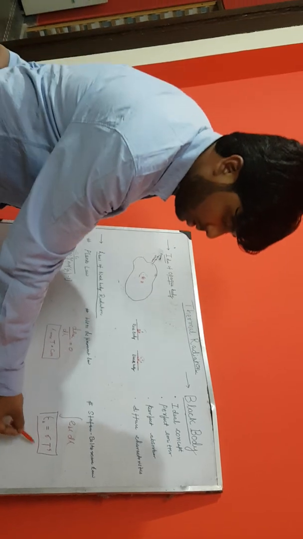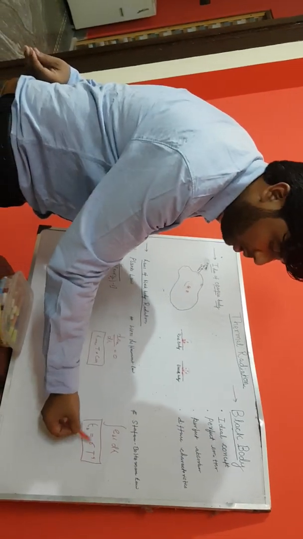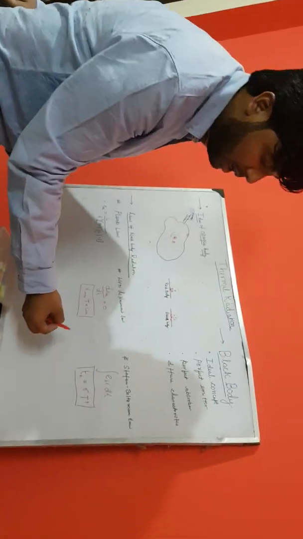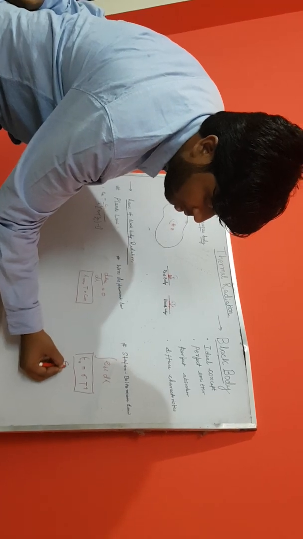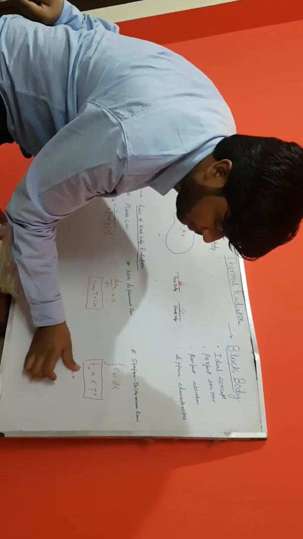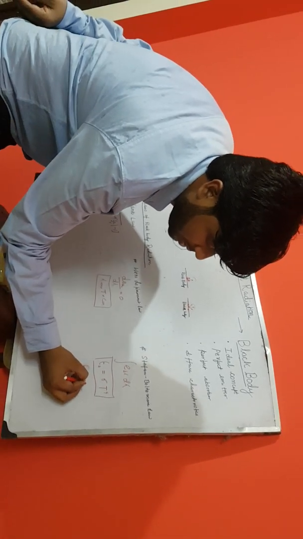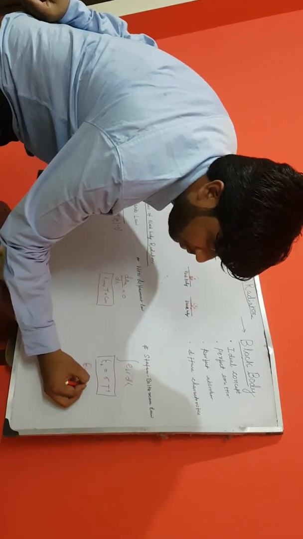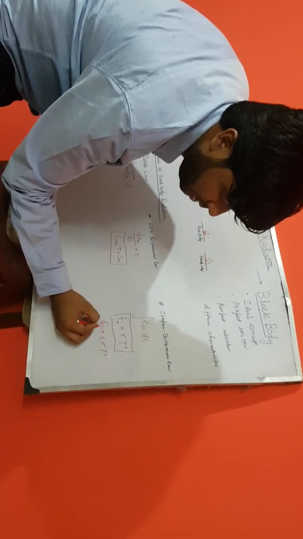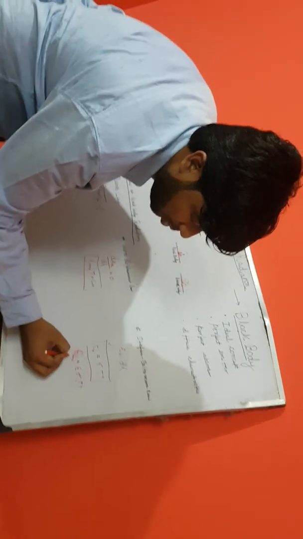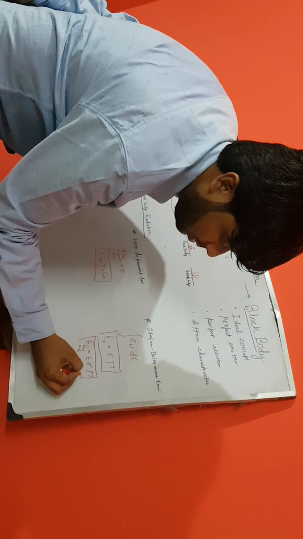This T is the surface temperature, and this is the emissive power of a black body. If we talk about any real body, its emissive power is epsilon sigma T to the power 4, where epsilon is the emissivity of that body, sigma is the constant, and T is the temperature of that body. This is for a real body.